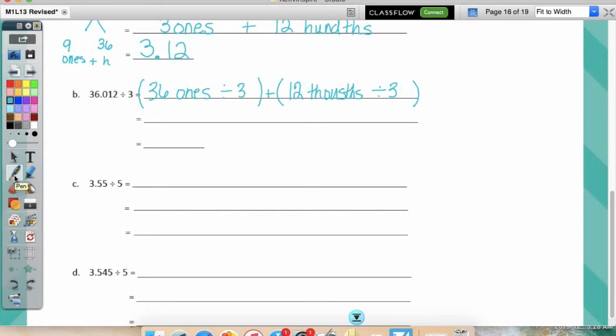Okay, so what was 36 divided by 3 again? 12. What's my place value? Ones. You know what I forgot? To actually break it apart. I'm just writing a TH for thousandths. 12 thousandths divided by 3 would be 4 what?